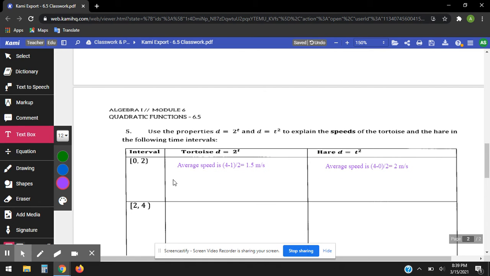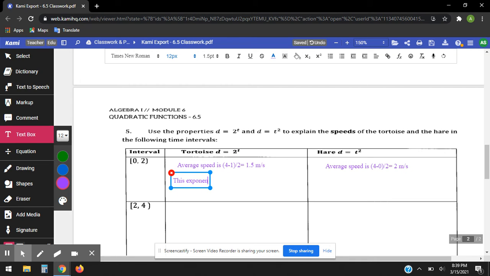So if we were to be a little more specific here, this is an exponential function, right? Because it's 2 to a variable power. So this exponential function is growing slower at this interval.